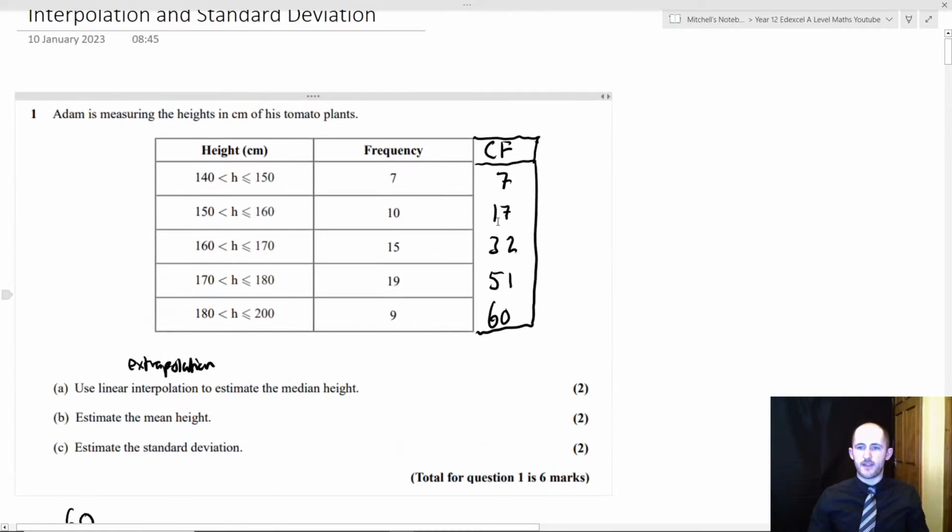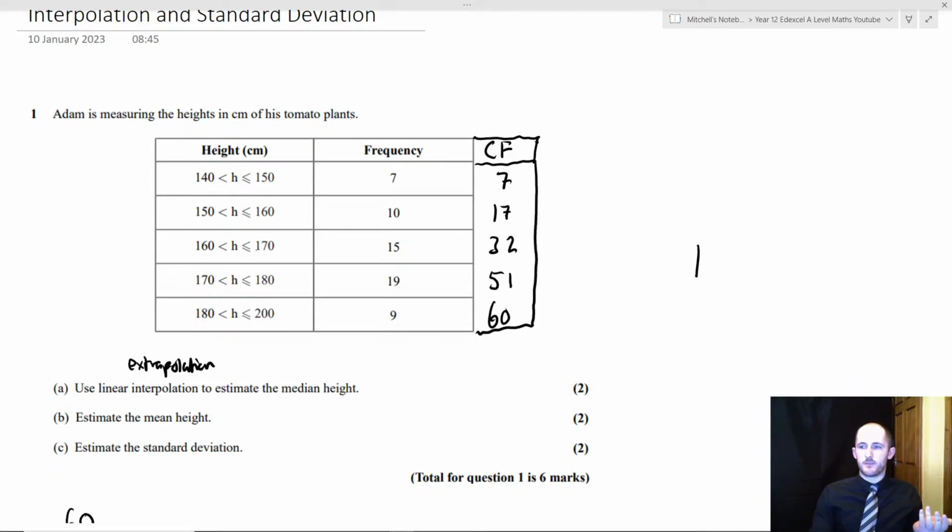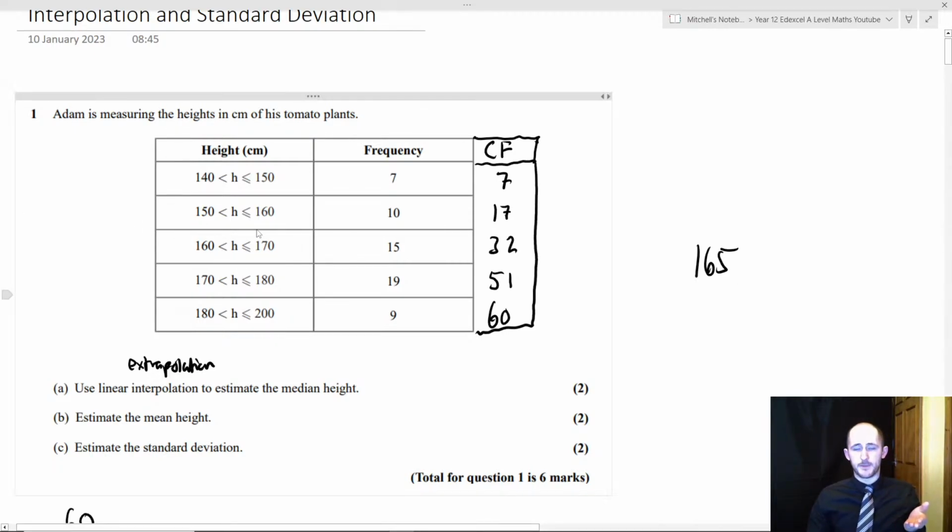So if we look at the 30th value, it's going to be somewhere in this grouping here, right? Because we have 17 up to this point, then we have 32 up to this point. So somewhere within this class is the median. Now the problem is, I can't say that the median is, for example, 165, because I don't know if it's midway through here.